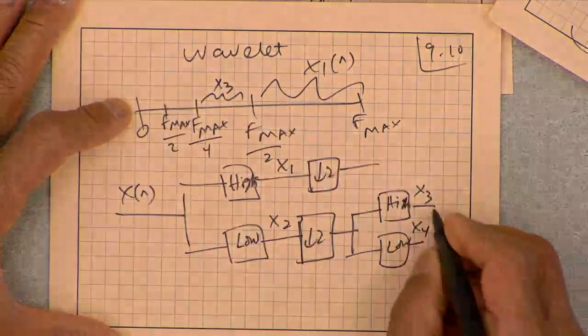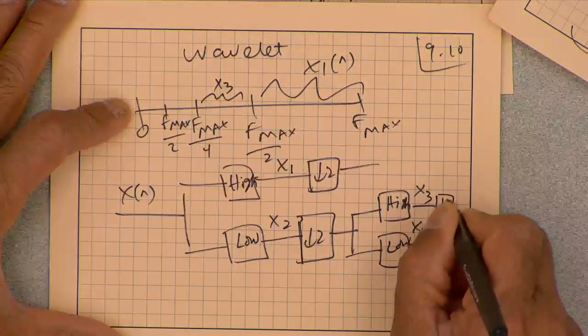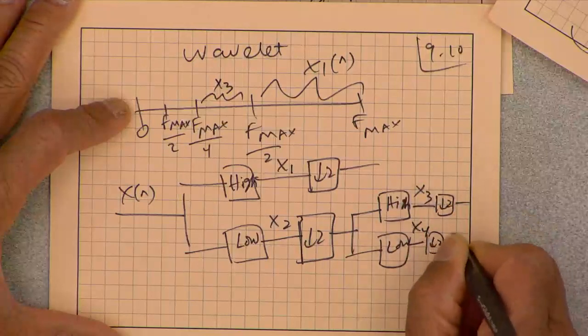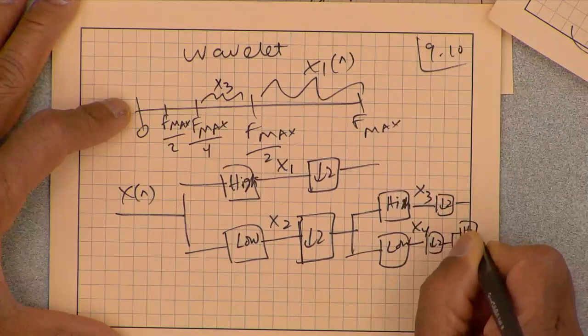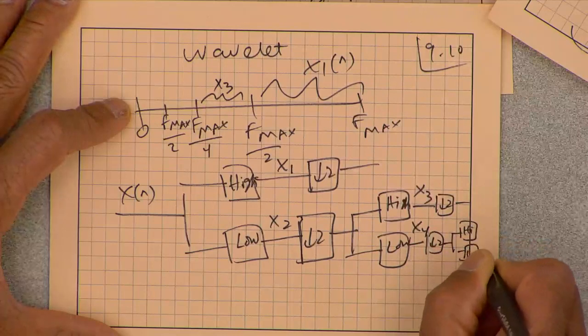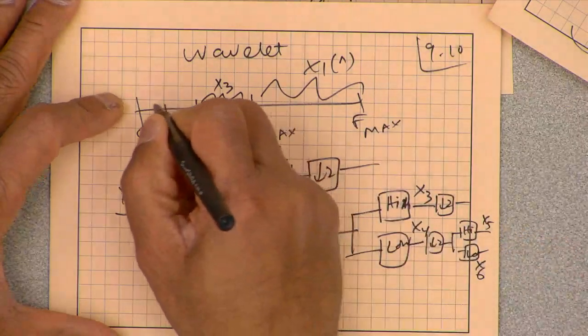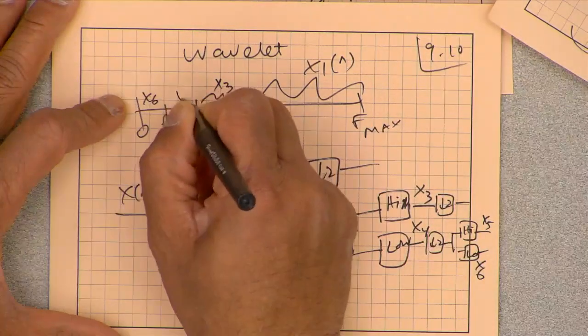And if I divide this again, and let's call x5 and x6. So x6 will be here, x5 will be here.